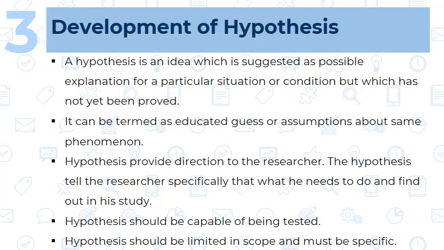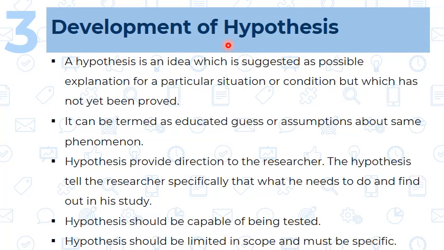Third step of research is development of the hypothesis. What is the hypothesis? It is just a tentative inference made by the researcher. It is not authentic, not permanent, and not a justified one. It is just a possibility or an assumption. A hypothesis is an idea suggested as a possible explanation for a particular situation or condition which has not been proved, meaning it is not tested yet.